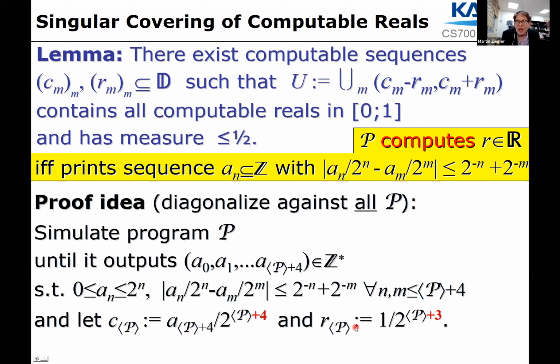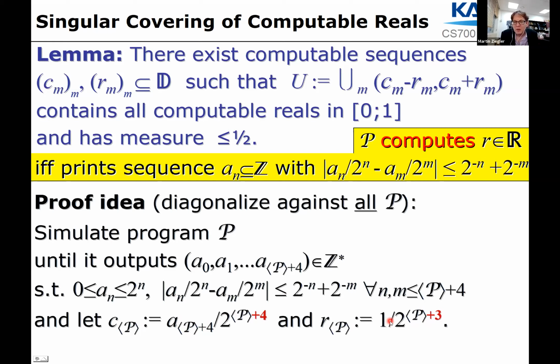with the same denominator. And the radius we consider is basically twice the radius of that approximation, right? So here it's +4 and here it's +3. That means the radius is twice as large. That will become apparent in a minute.